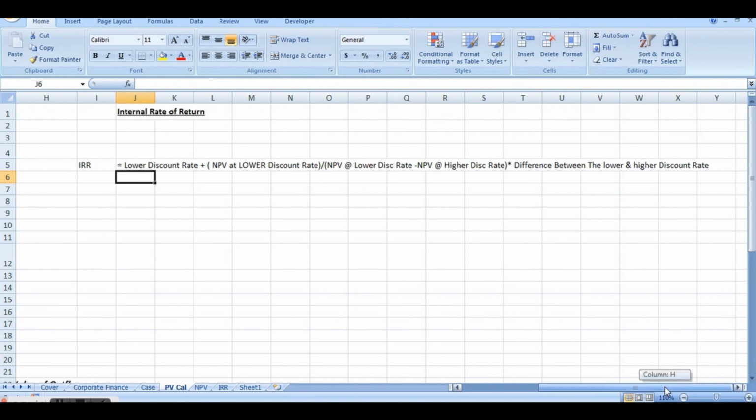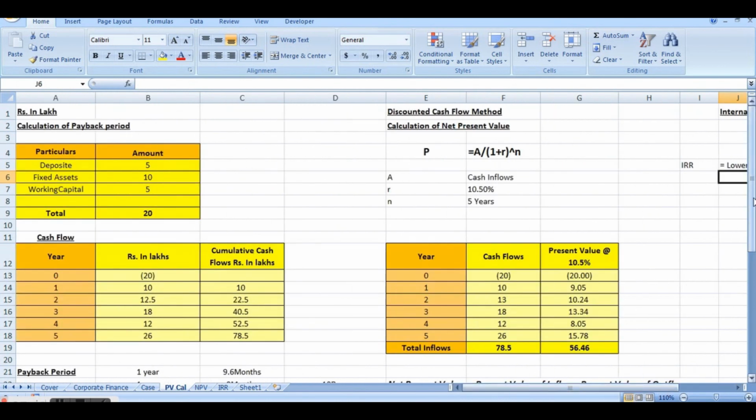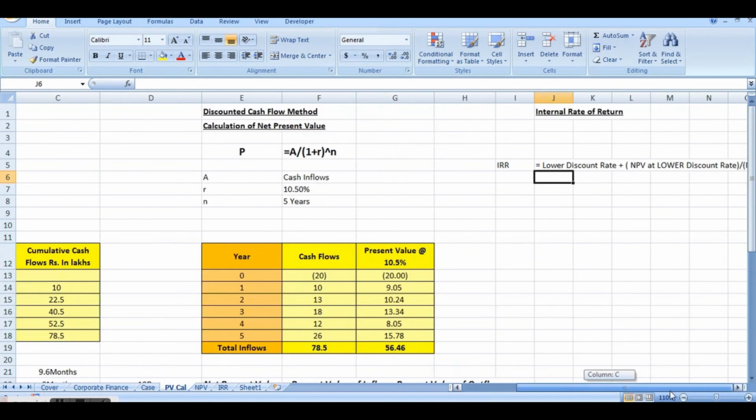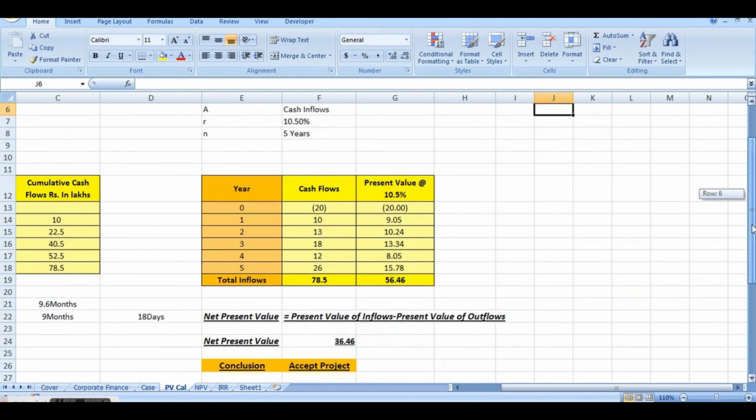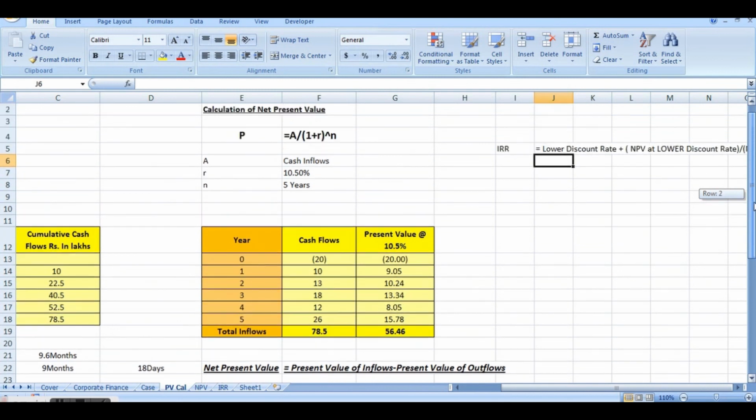Looks pretty tedious, right? But this gives you the rate of return which is of much higher use to the organization for taking decisions. But to avoid this long calculation process, we can use Excel.